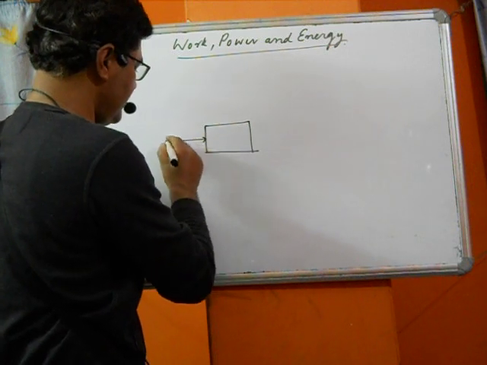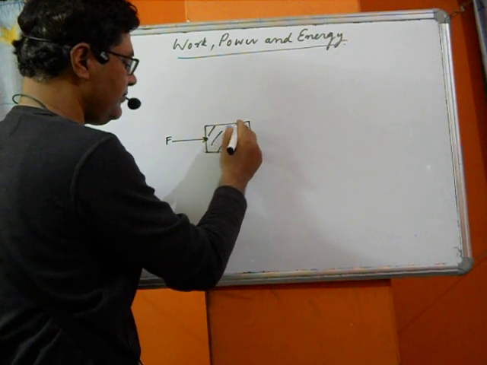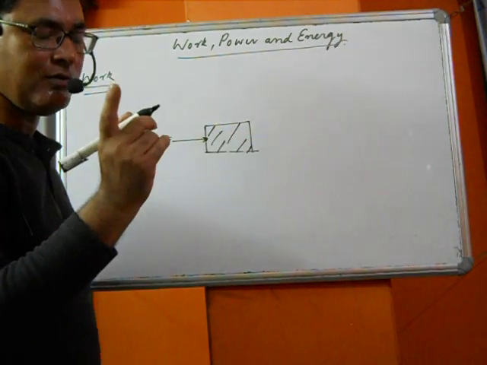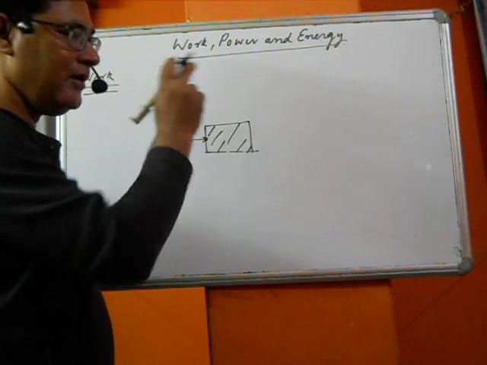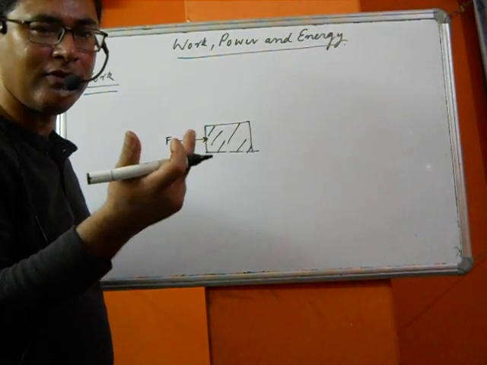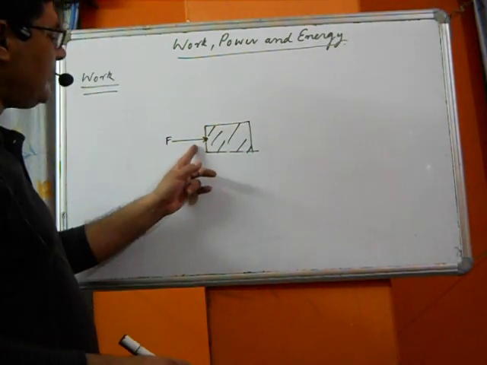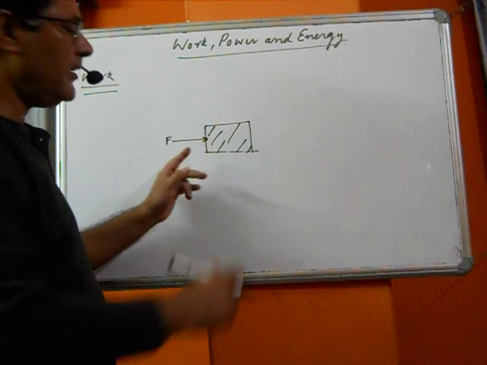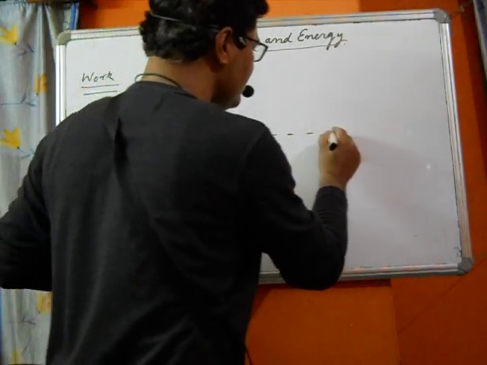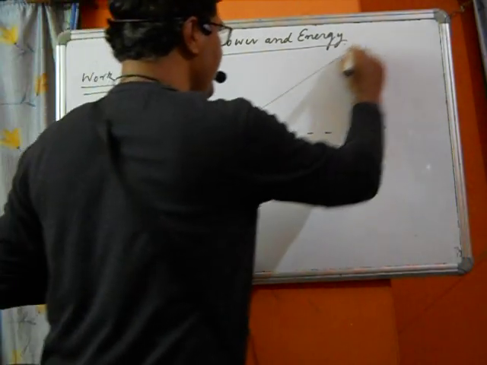I apply a force, F. So this is my point of application of force. So what we understand from work done? Work done equals magnitude of force into displacement of point of application of force towards the direction of force. But I applied the force, this was my direction of force. The object did not go this way. Instead, the object went that way.